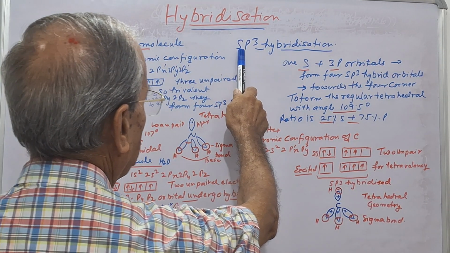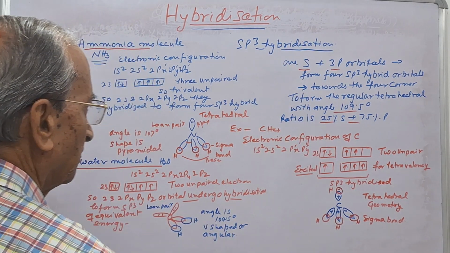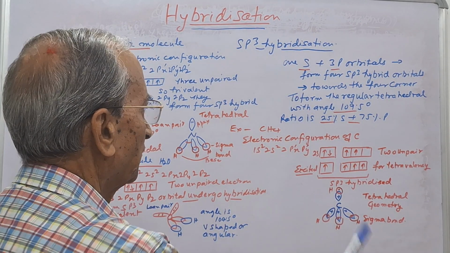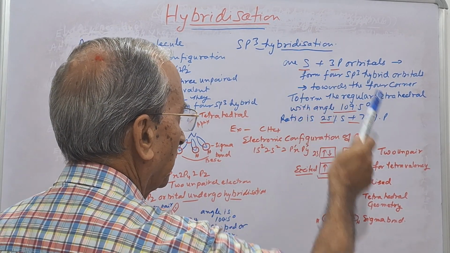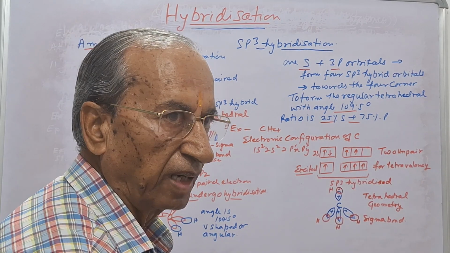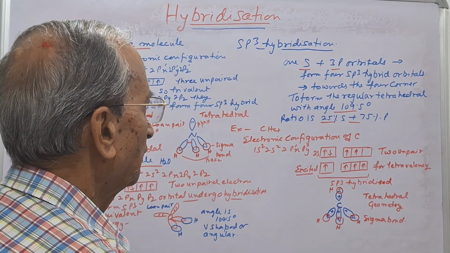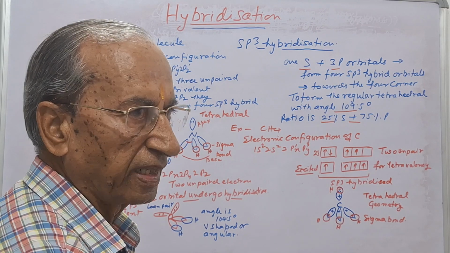So this is sp3 hybridization, in which one s and three p orbitals hybridize to form four equivalent hybrid orbitals.